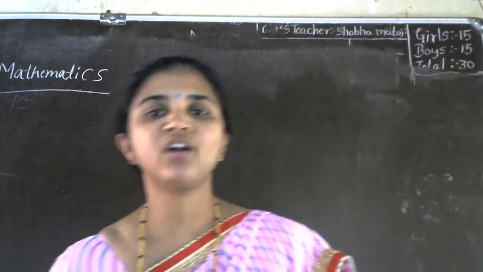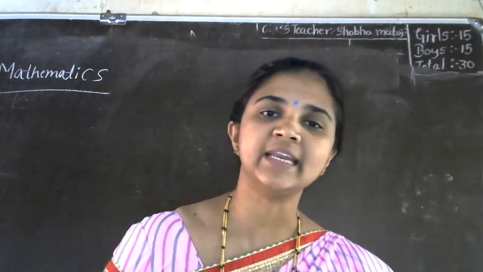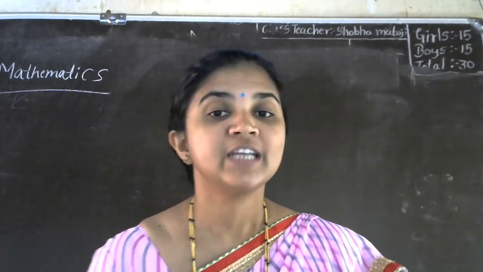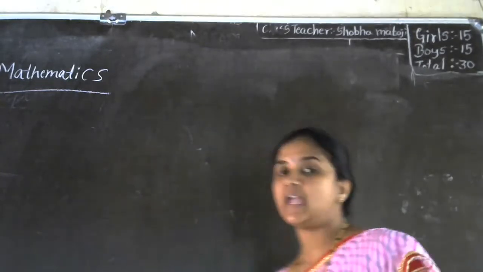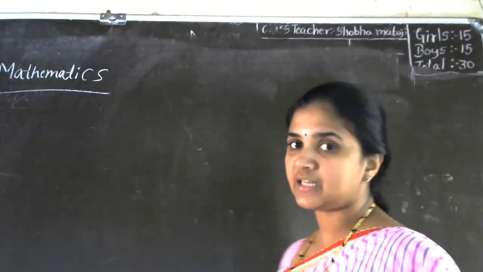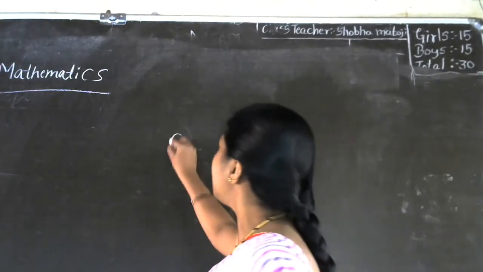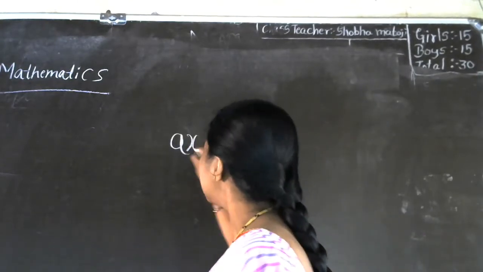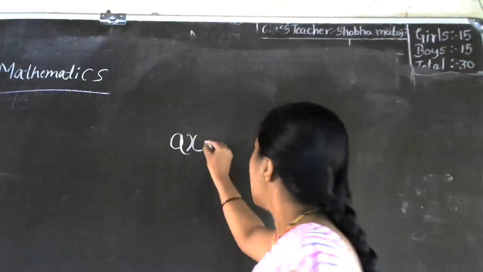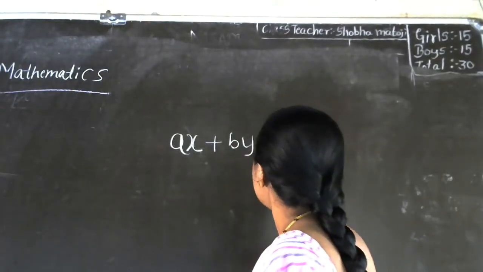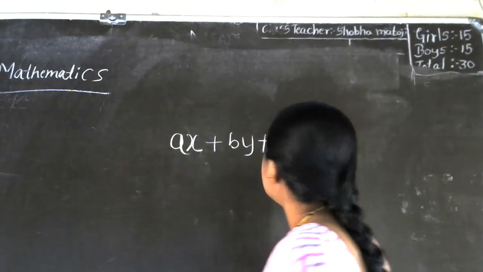So, can we recall the general form of the linear equation in two variables? Last year we have studied, no, the general form. I'll write the general form on the board. You just try to observe that one. We will take the general form as ax plus by plus c equal to 0.